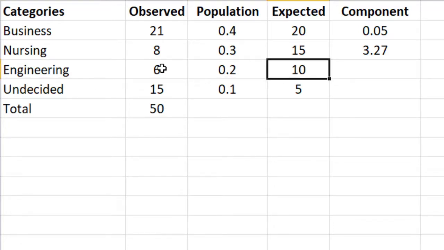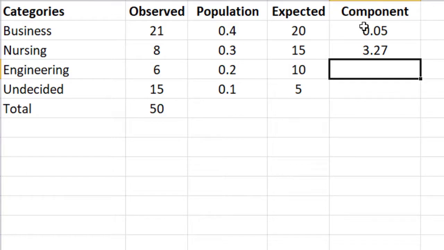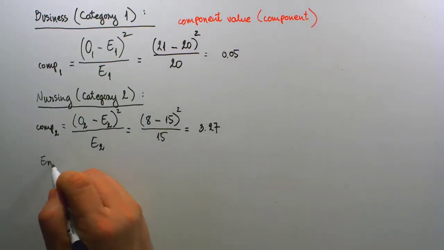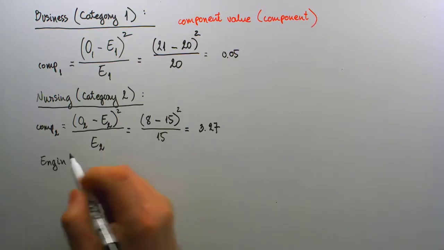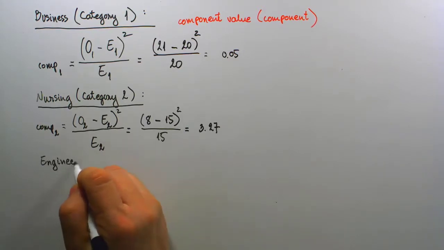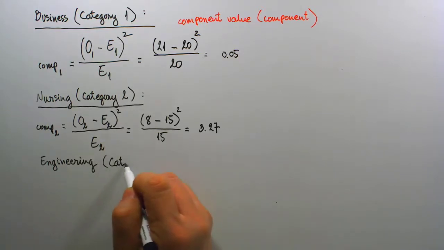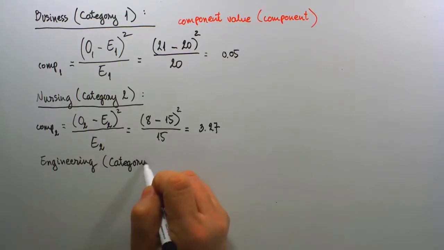But now the observed count was saying something quite otherwise. And so in that way, let's calculate and find out what our components for this third category would be. So now we are at engineering, and that is referred to as category number 3.